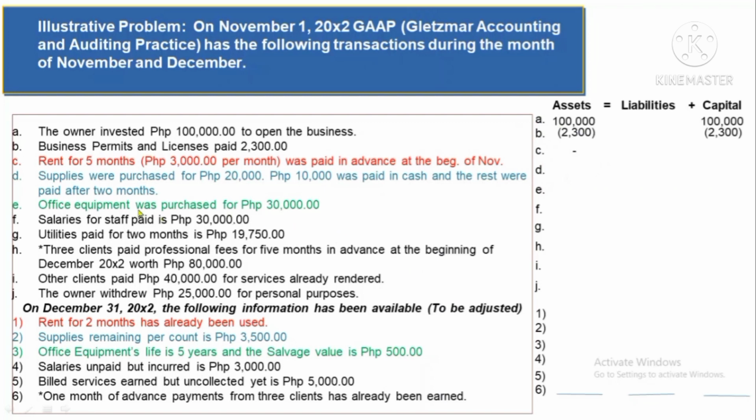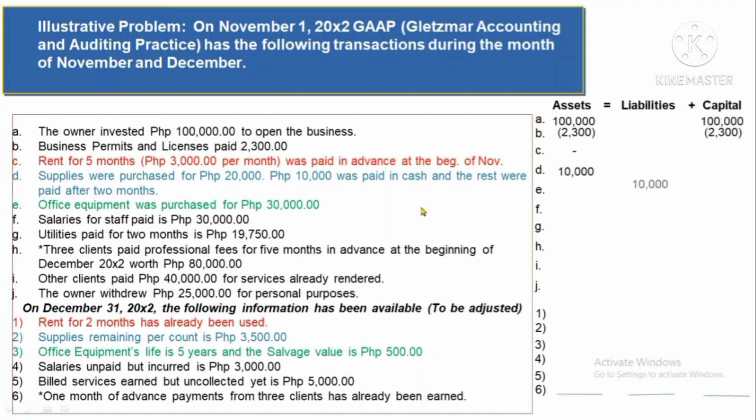In letter D, supplies were purchased for 20,000. However, 10,000 was paid in cash and the rest was to be paid after 2 months. In here, although the assets in the form of supplies increased by 20,000, another type of asset was sacrificed, which is cash of 10,000. So in effect, the net effect on the total assets is only an increase of 10,000.